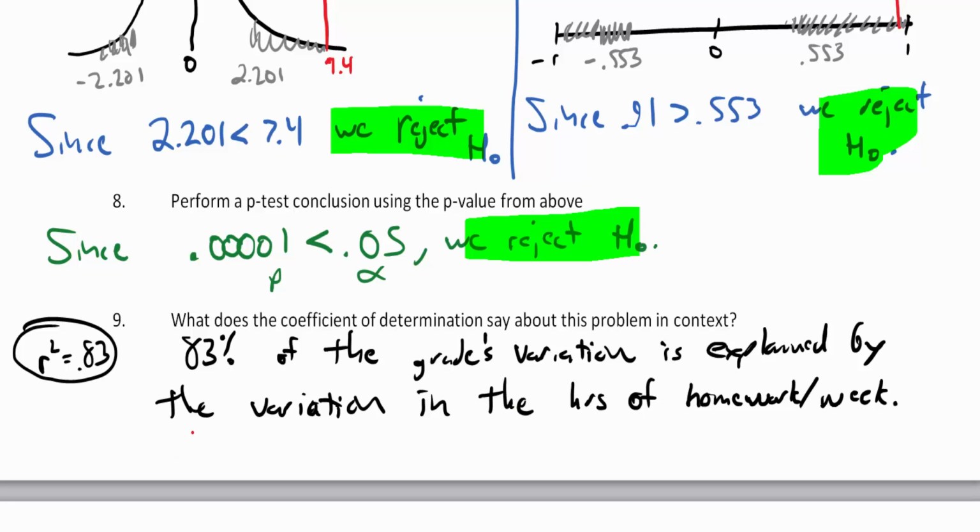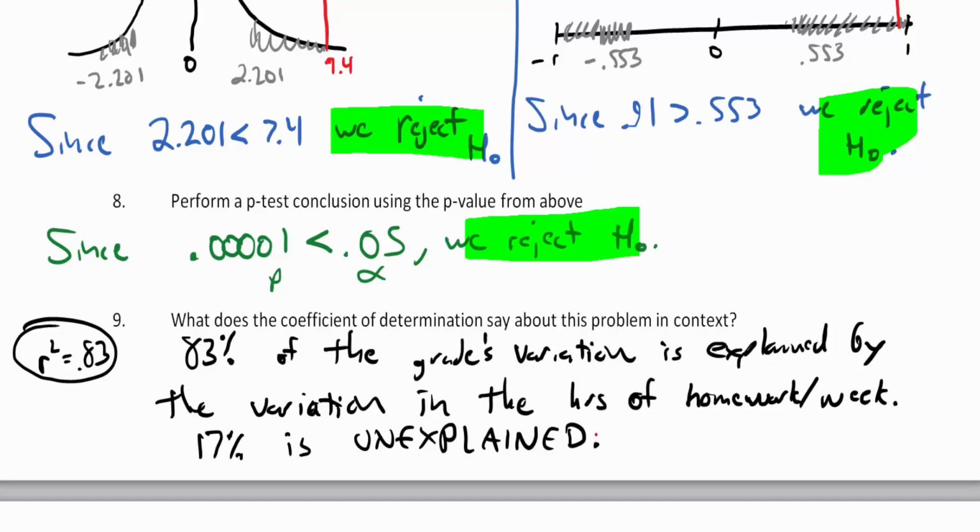Now, I do need to add that 17% is unexplained. So maybe there's more to the story than just homework, which is always true. We can only look at two variables at the same time when doing this kind of work here. We can't do more than two, so there has to be an unexplained portion of this.